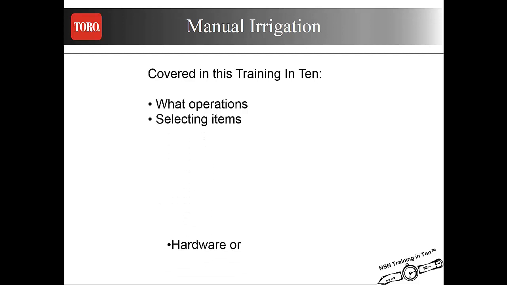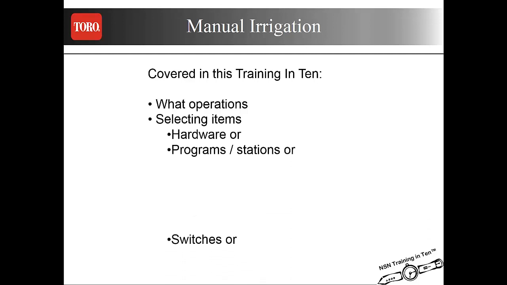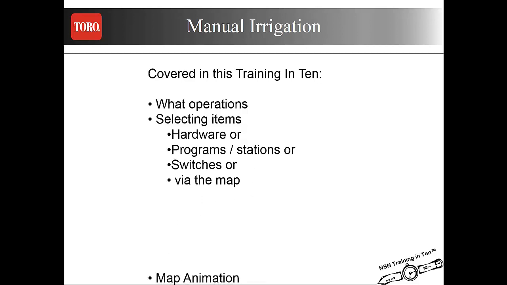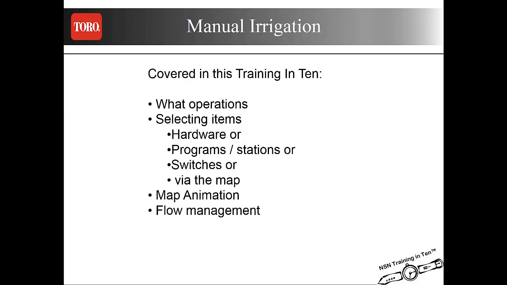How to select items for manual operation via hardware address, or by program or stations, or switches, or selecting using the map. Next, we will cover Lynx map animation and what it means, an explanation of limited flow management in manual irrigation compared to fully flow managed in automatic irrigation, a view of manual irrigation logged into the course report, and other training opportunities that will help you become a better manager of your Toro Lynx Central Control System.